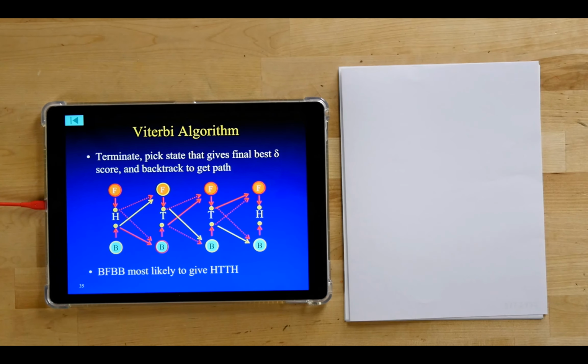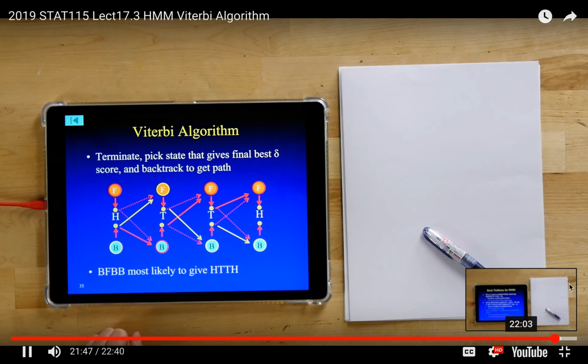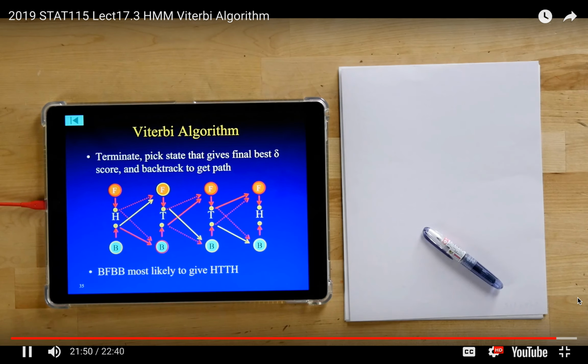Whereas the forward backward algorithm is trying to guess at each location the probability of each node, and its goal is, if I have to make all the guesses of all these nodes at all the locations, I want to maximize my total number of correct guesses. So if you try a Viterbi algorithm versus the forward backward algorithm, most of the hidden states you guess are going to be quite similar, but they are not guaranteed to be exactly identical, because they optimize a slightly different thing.